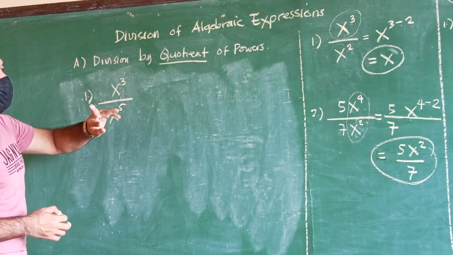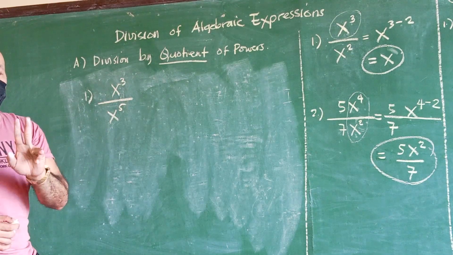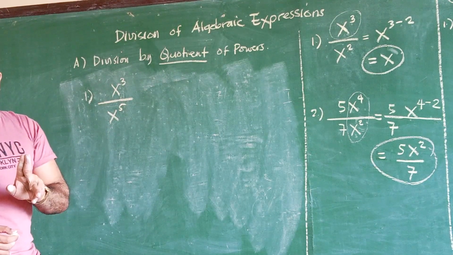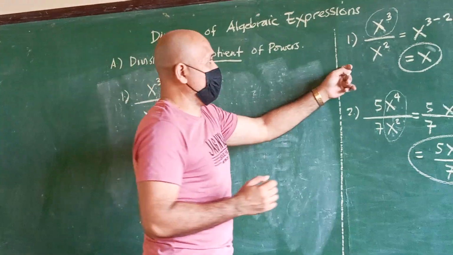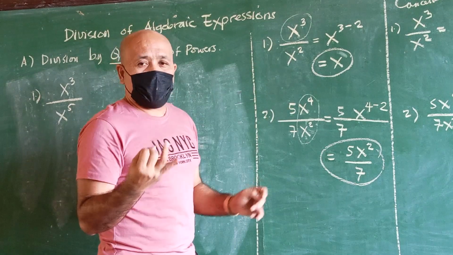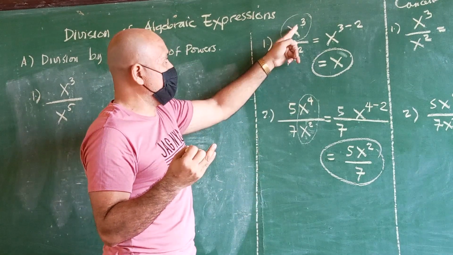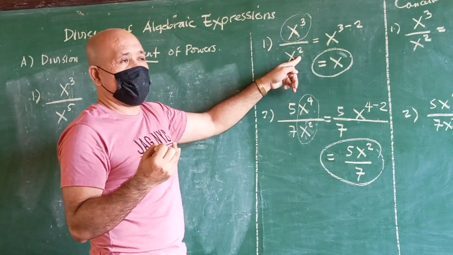To recall, the first one is when we divide the same variables with the same exponents. The second scenario is when we divide the same variables but the numerator has the bigger exponent compared to the denominator.